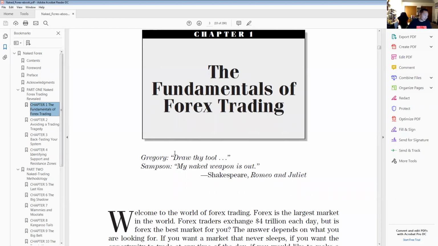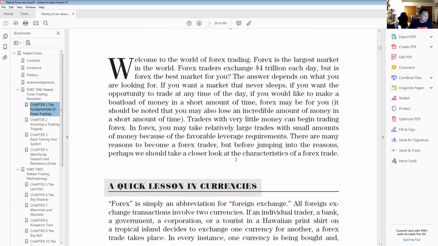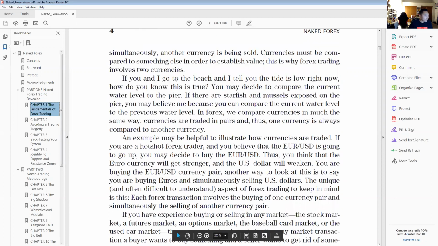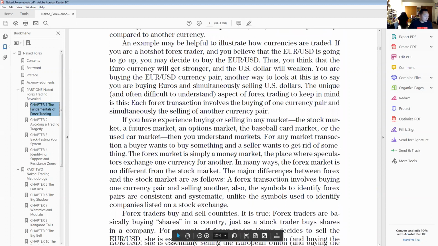They talk about fundamentals. Let me highlight some key points here. Quick lesson in currencies. No, that's not it. Aha, here we go. Here's a good one.